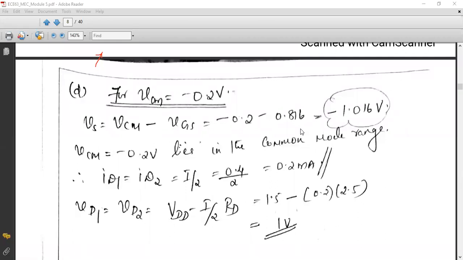Rohit, present, sir. Sai Hassan, present, sir.